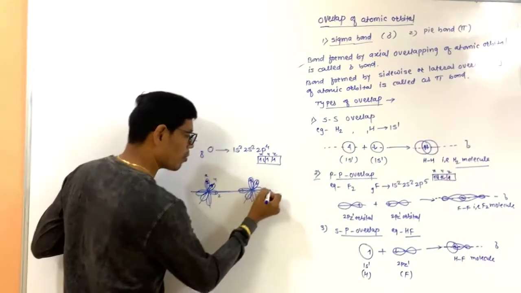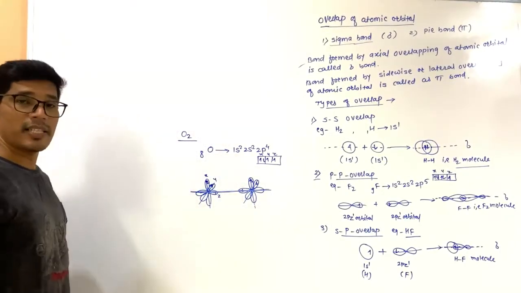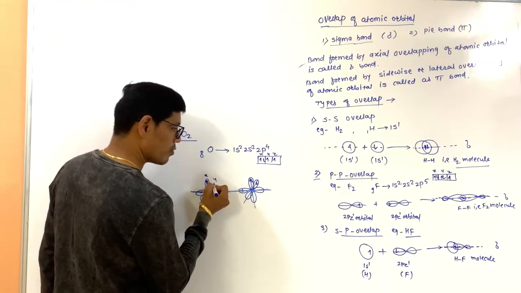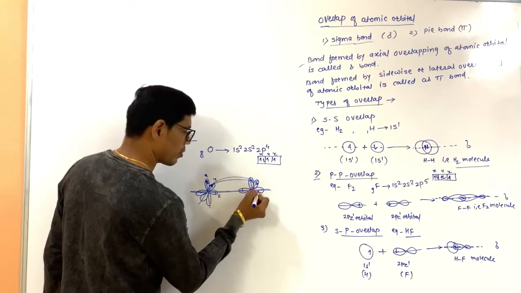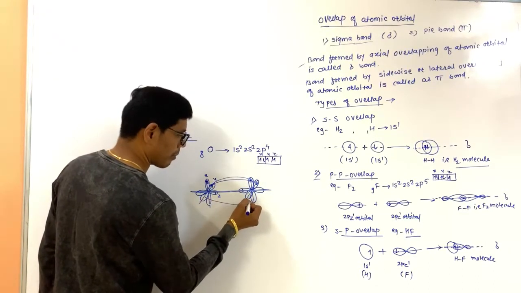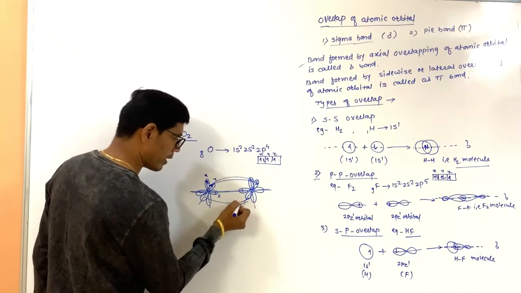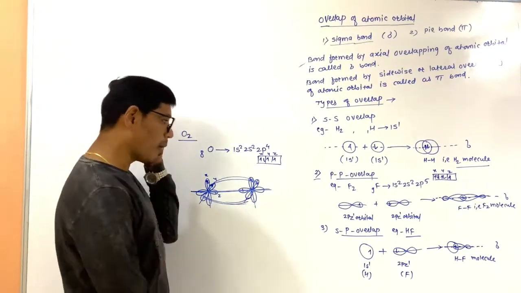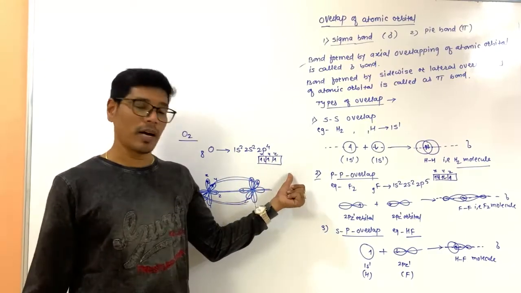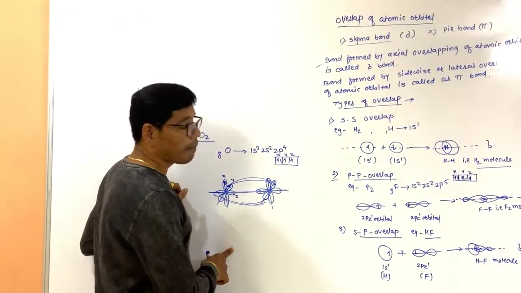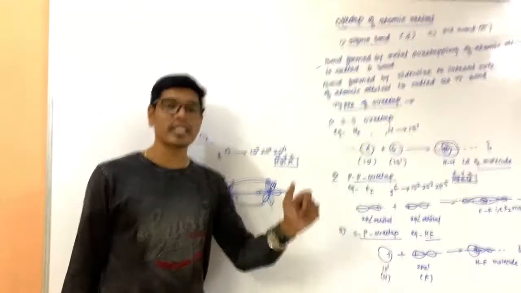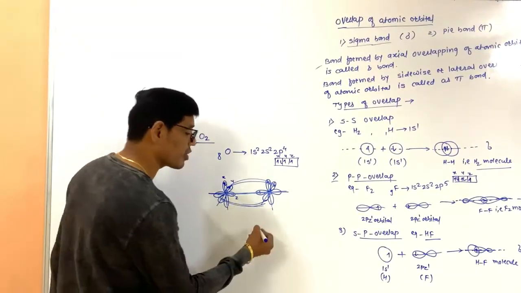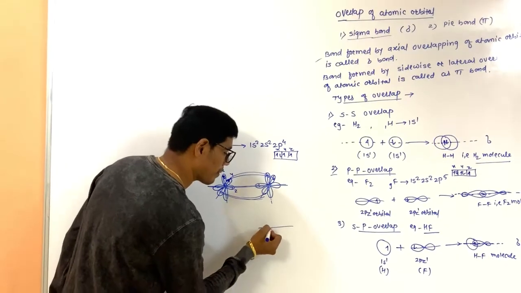Again suppose the first bond forms along the axis, then sigma bond is there, and the second bond that forms is from the y orbital, one electron. This is a lateral overlapping, and due to lateral overlapping there is formation of pi bond. So the first bond will be sigma bond, and for the other, the pi bond. First bond is sigma bond and the second possibility is the pi bond. That means they overlap laterally with each other, lateral overlapping.